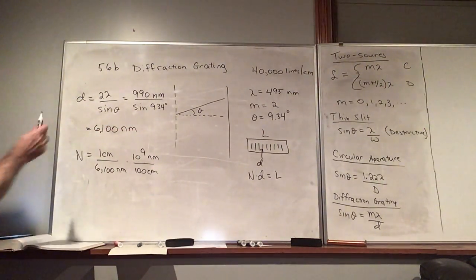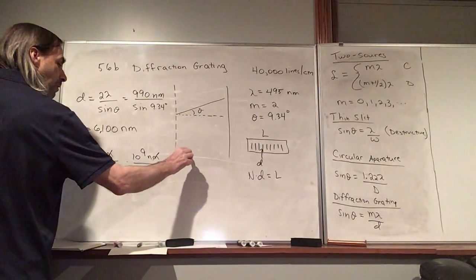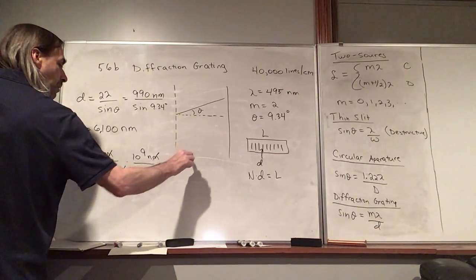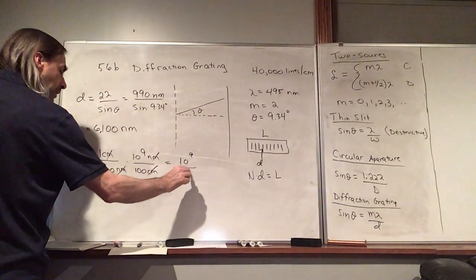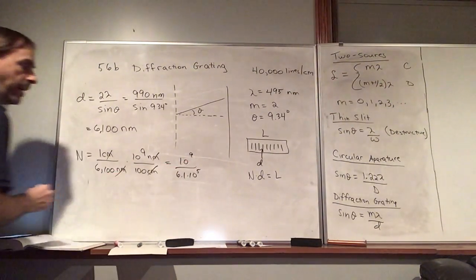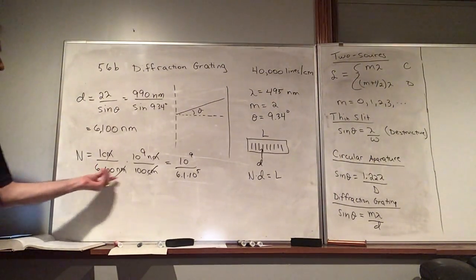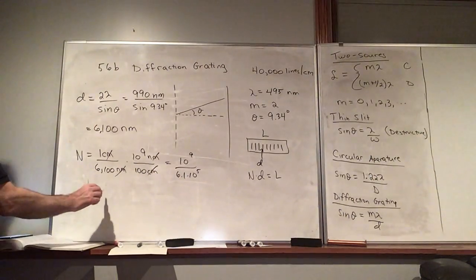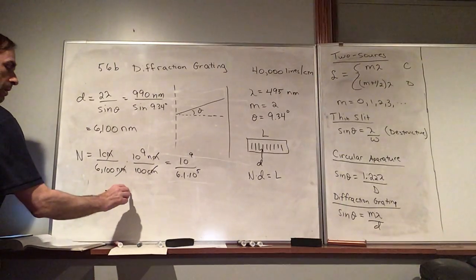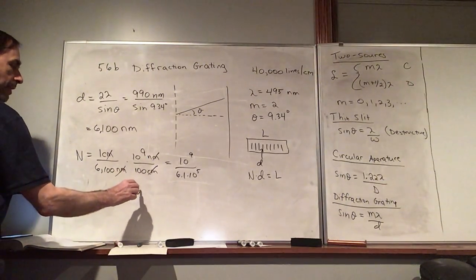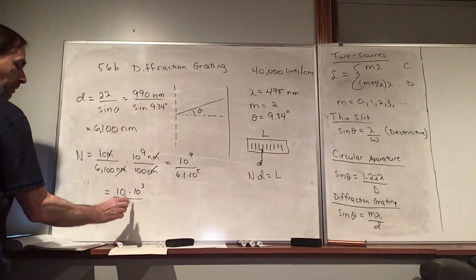Everything cancels. So we have 10 to the 9th. Let's fix this a little bit. Let's say this is 6.1 times 10 to the 5th. So, 6.1 times 10 to the 3rd times 100. And then just to clean it up a little more, I'm going to say 10 times 10 to the 8th. Here, let's just do this.